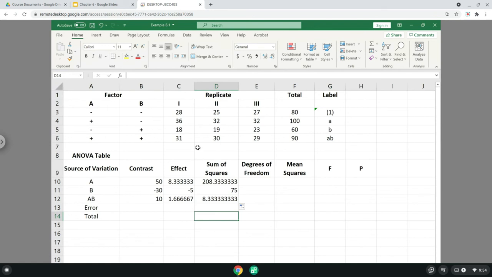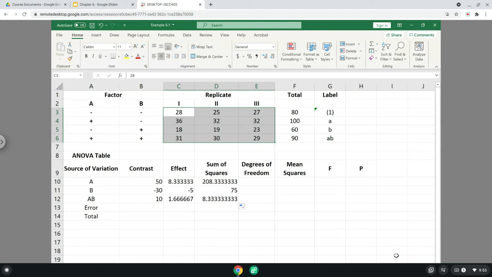The formula is basically summation of all individual yij squares minus the square of the summation of all these observations, which is basically y dot dot dot, the total of these observations, right? Y dot dot dot, and we square that, y dot dot dot square divided by 4n.